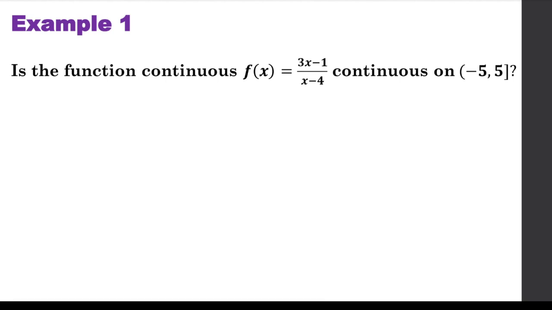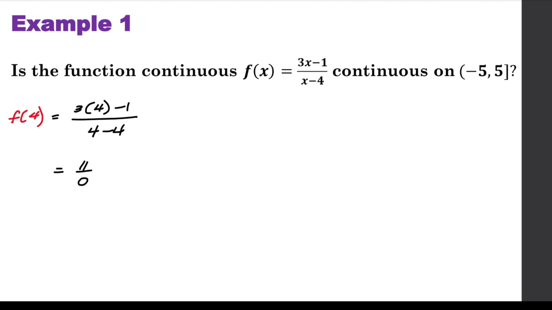So if we're going to do f of 4, and then we do direct substitution, we have (3 times 4 minus 1)/(4 minus 4). So we have 11 over 0.